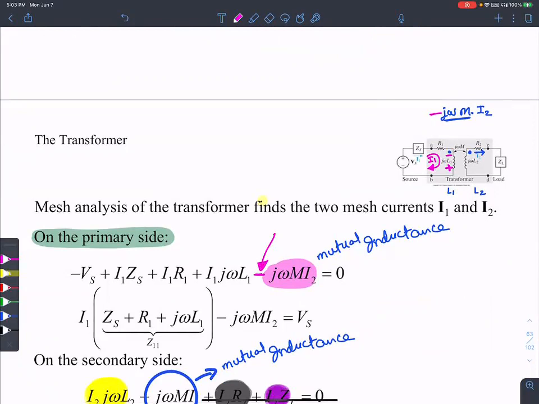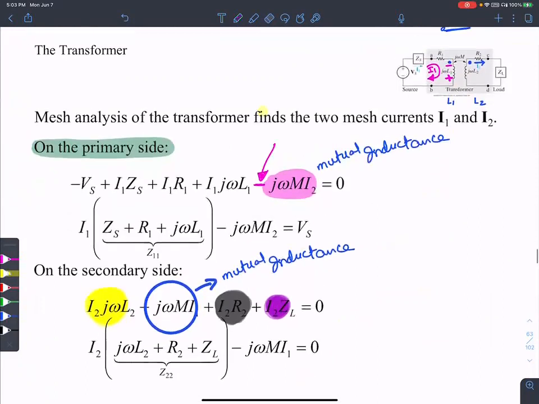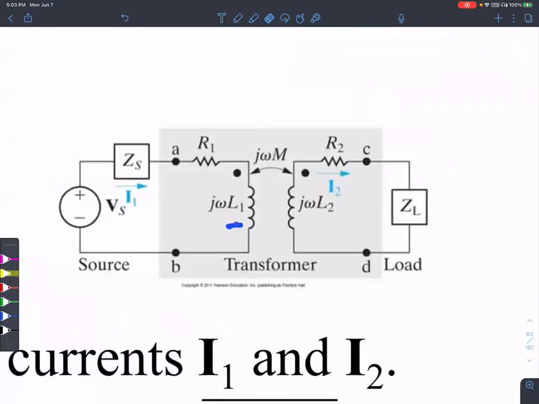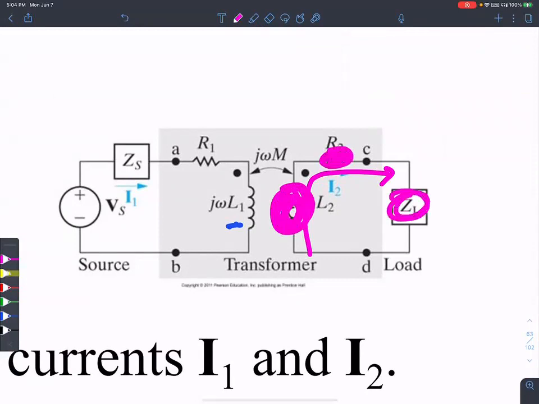So that's Kirchhoff's voltage law on the left-hand loop. You can do the exact same thing on the right-hand loop as well. If you follow the direction of the current on the right-hand side of the loop, there is a voltage dropped here, there's a voltage dropped there, there's a voltage dropped there, and of course the mutual inductance term.